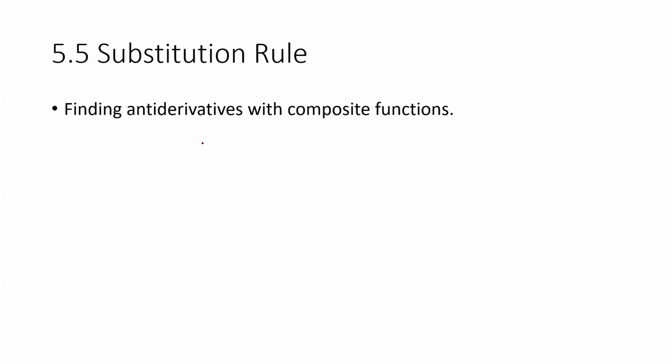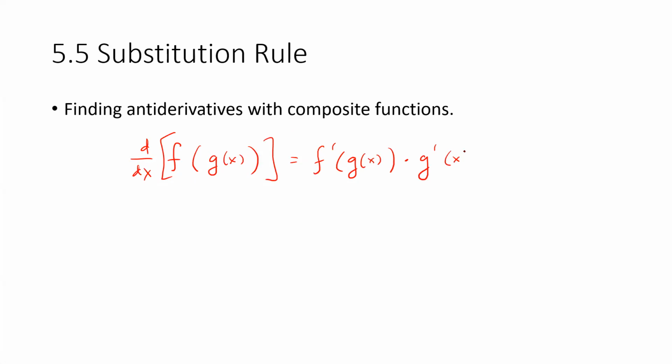So yeah, we kind of have like a chain. You remember, if we've got like a function inside of a function, we know that for the derivative we have a chain rule for that, right? So to do the antiderivative, we're going to start to think about how we can reverse the chain rule here.